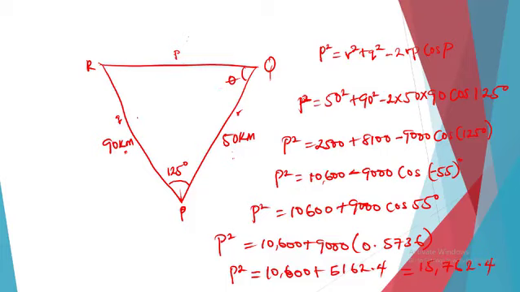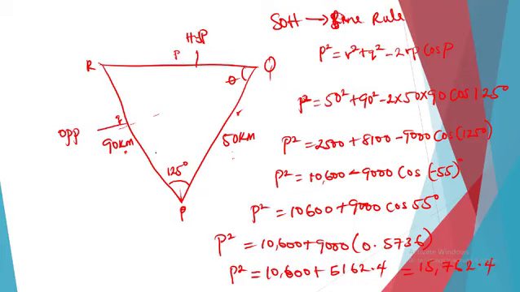Okay, now from this diagram, this is the line facing the given angle. So this is our opposite, right? And this line is the line facing the highest angle, which is our hypotenuse. Okay, and now we are dealing with angle 125 and this line opposite. We've gotten the value of our P. So therefore we are using sine rule.